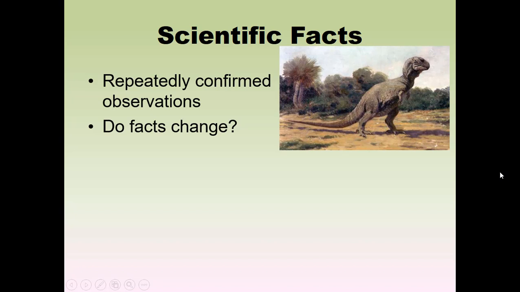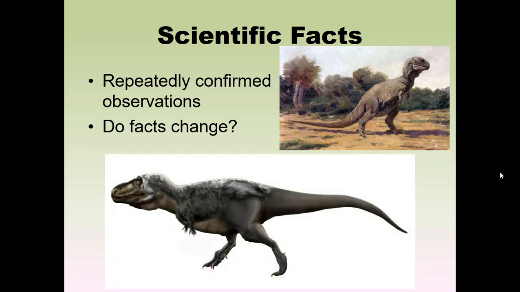Now, as we've learned more about the muscular or the skeletal structure of T-Rex and how the muscles would fit, we've learned that T-Rex really would have moved more like this in terms of being bipedal, much more of a prone type position rather than this vertical type structure. We also have evidence that during their lifetime, T-Rex would have had feathers on their body.